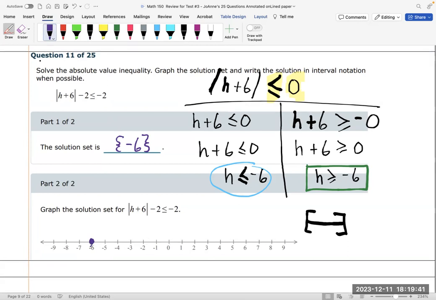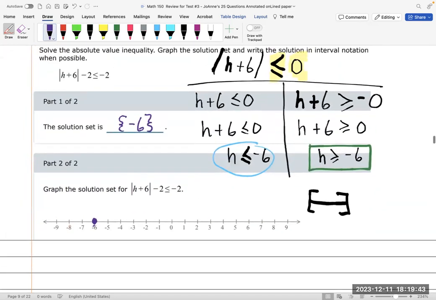If I check the work, if my h does in fact equal -6, then what is the absolute value of h plus 6 and then subtracting 2?